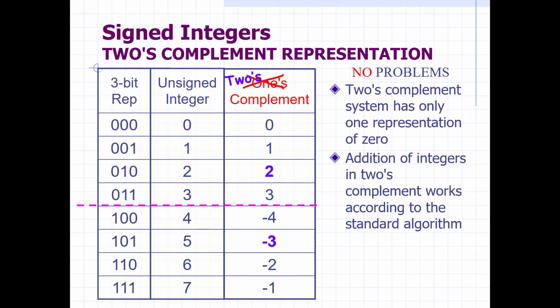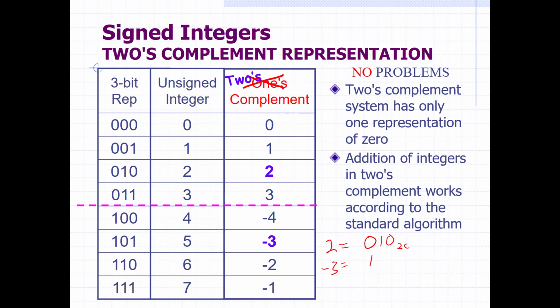Suppose I want to add 2 and -3. I take the number 2 and I convert it to 2's complement. Since it's a positive number, it's just whatever its binary string is. In this case, we're doing 3 bits. So 2 is 0, 1, 0. I'm going to write a 2C for my subscript. Then I'm going to take the number -3.